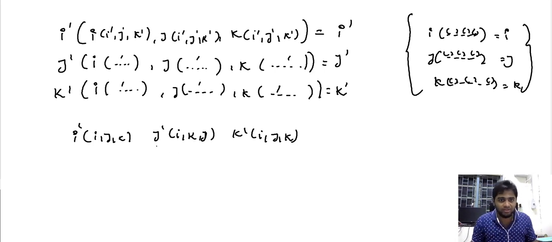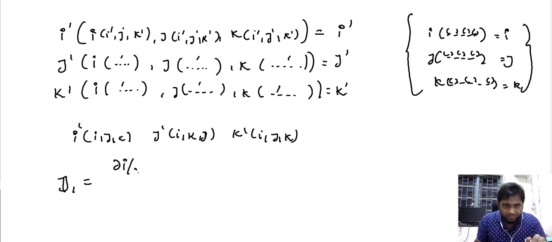So therefore, using the same Jacobian matrix, we will be able to express the partial derivative of I prime with respect to I, the partial derivative of I prime with respect to j, the partial derivative of I prime with respect to k.